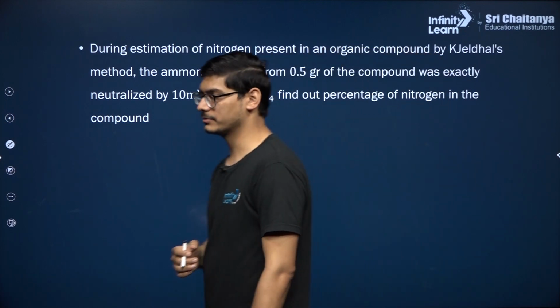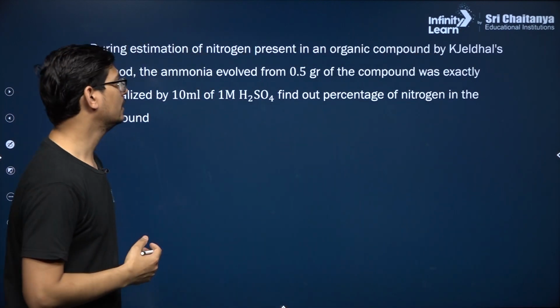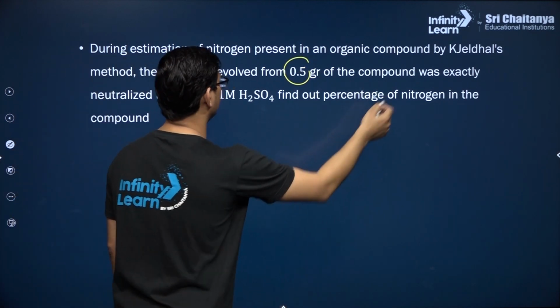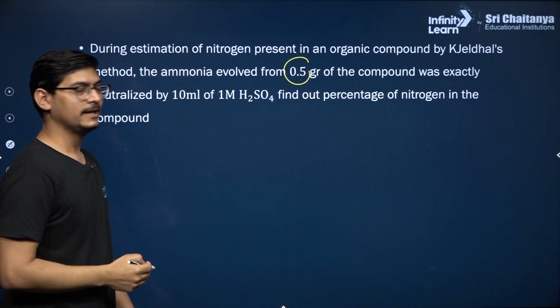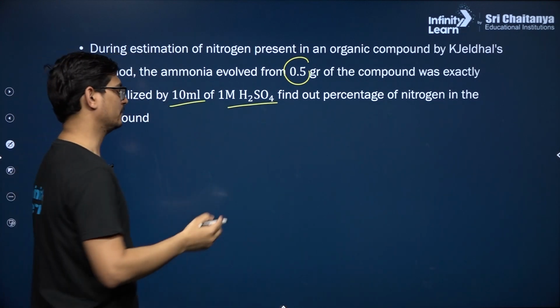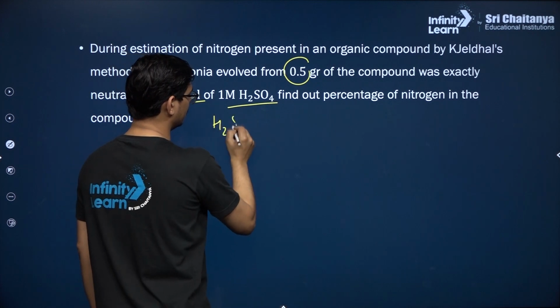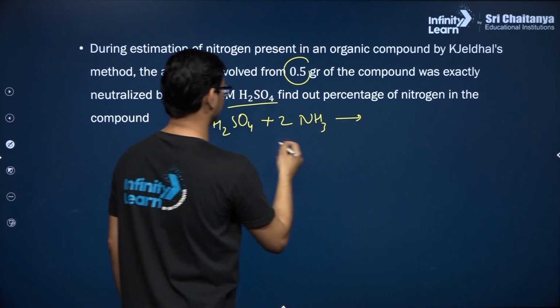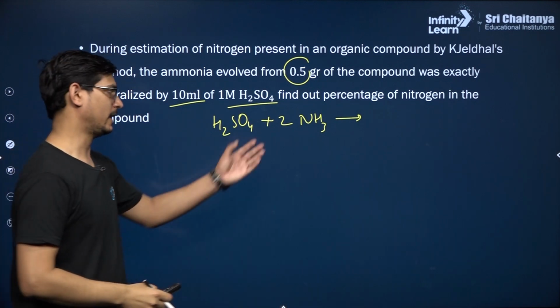During estimation of nitrogen present in an organic compound by Kjeldahl's method, the ammonia evolved from 0.5 gram of the compound was exactly neutralized by 10 ml of 1 molar H2SO4. Now guys, we know that H2SO4 will react with 2 ammonia, because n-factor of sulfuric acid is 2, but that of ammonia is 1.